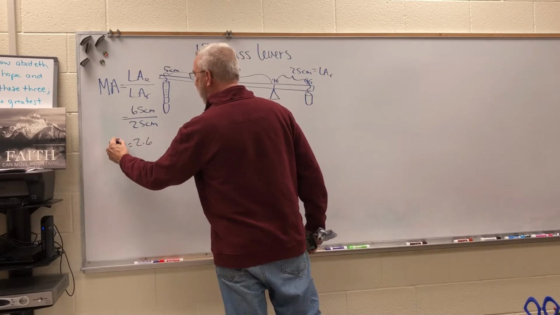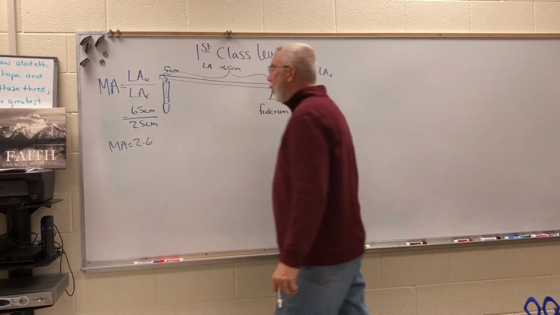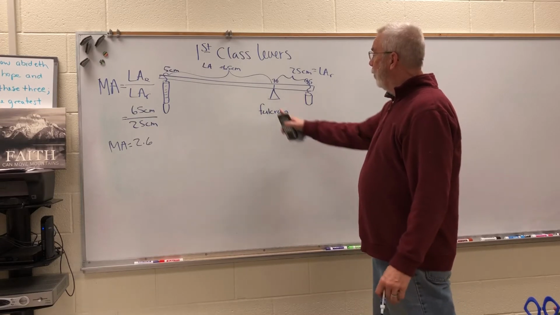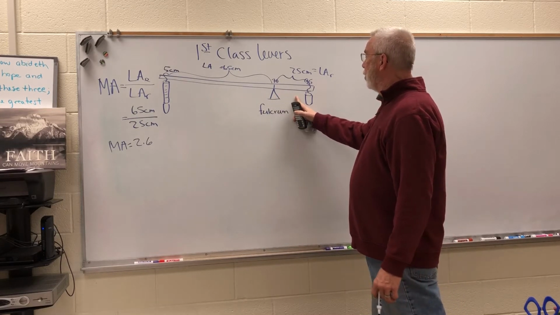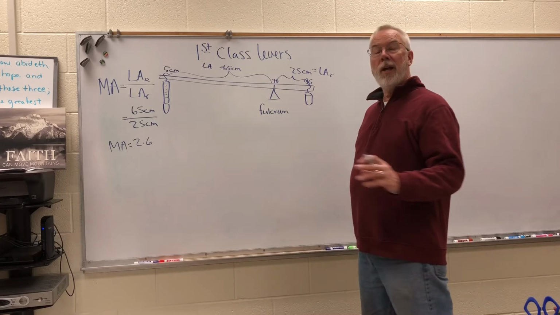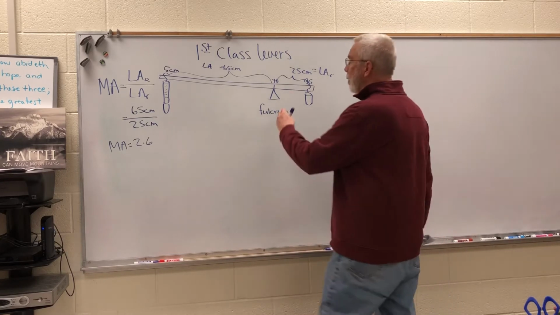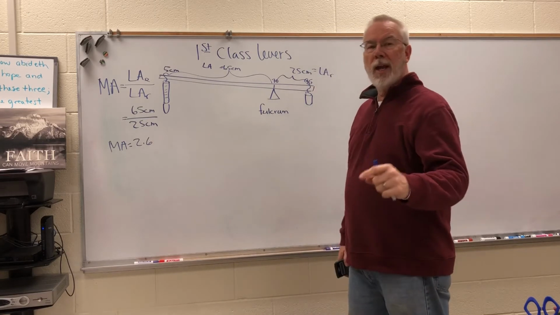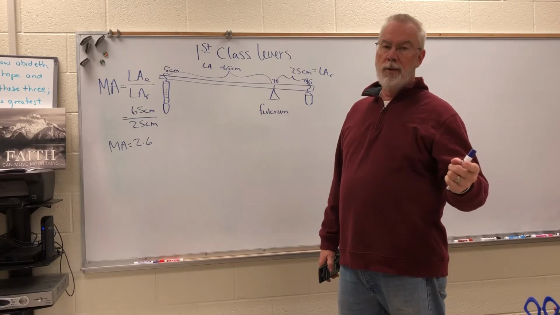So the mechanical advantage for this particular lever is 2.6. If we move the fulcrum closer to the weight, the mechanical advantage gets greater. If we move the fulcrum back closer to the 50-50 mark, then the mechanical advantage approaches 1.